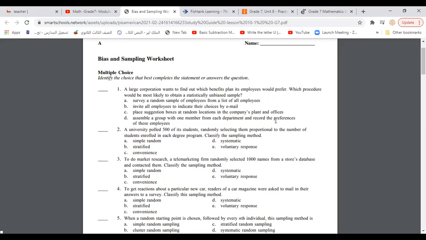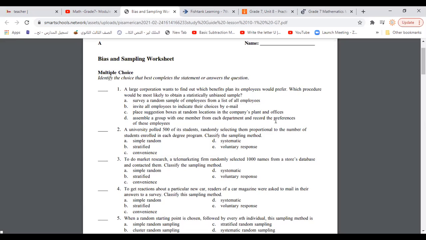Let's move to question number 2. Who will be ready with question number 2, grade 7? Okay, Awad, read the question. A university polled 500 of its students, randomly selecting them proportional to the number of students enrolled in each degree program. Classify the sampling method. Simple random?